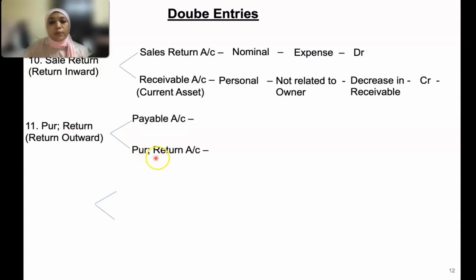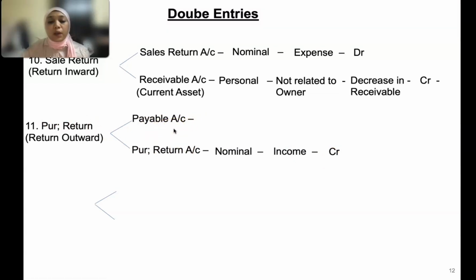If it is credit in the purchase return account, we will definitely record on the debit side of the payable account. The other side is debit in the payable account. Under the payable account, we will definitely record on the debit side.